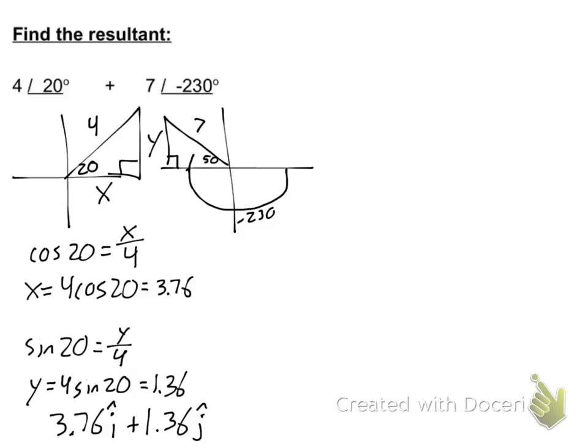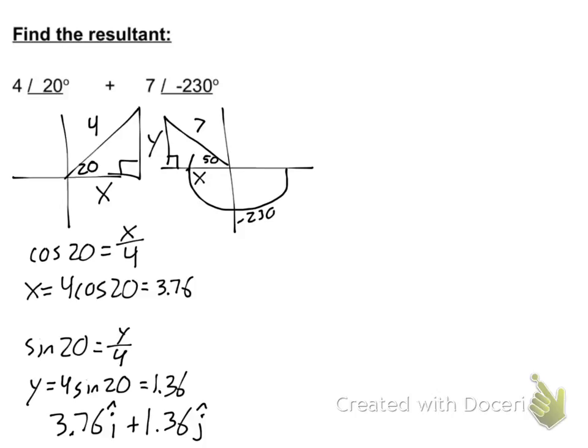So using the same reasoning as before, I have x and I have y, and hey, y actually works out for both of them. I'm going to leave that original y there. X, though, is going to be what? Cosine. X is the cosine, but what is it going to be overall? It's going backwards. Negative. We have to put that on after.